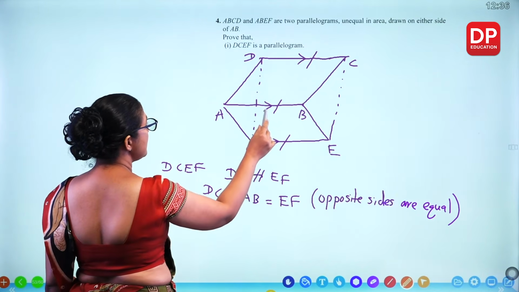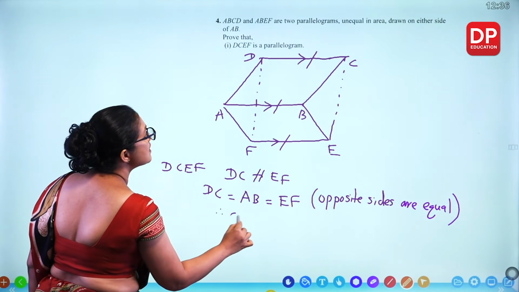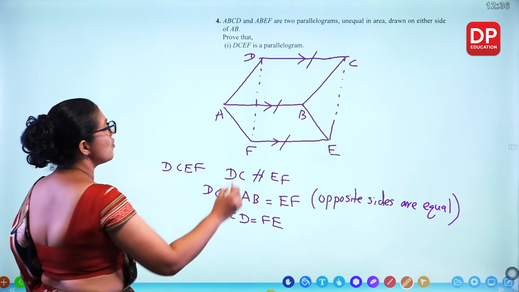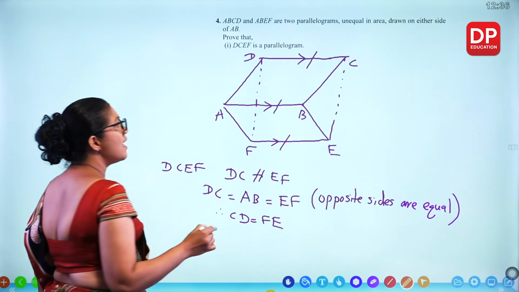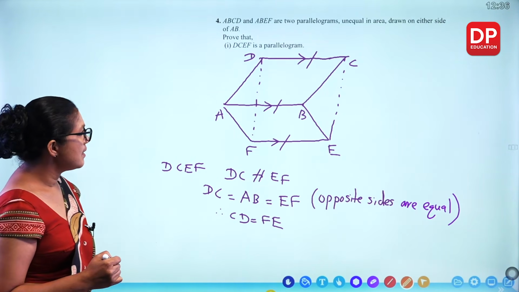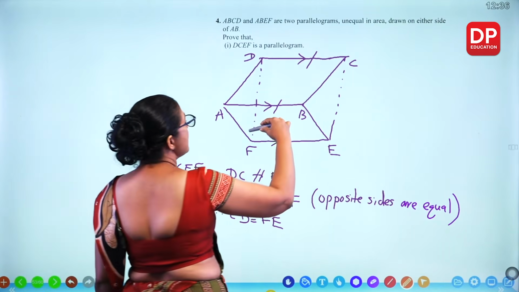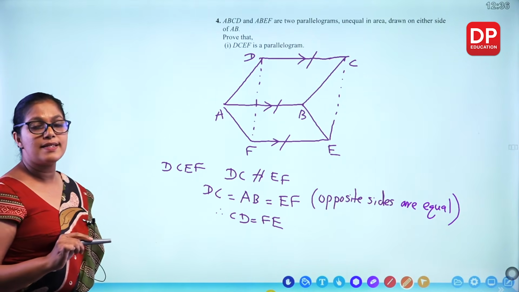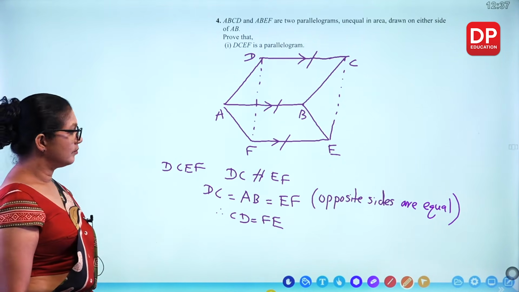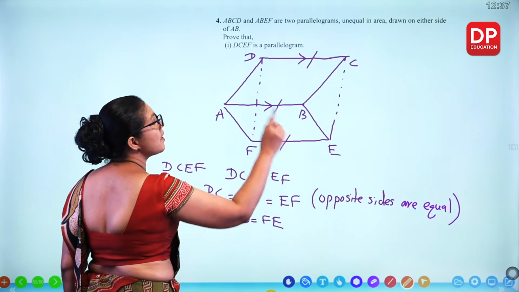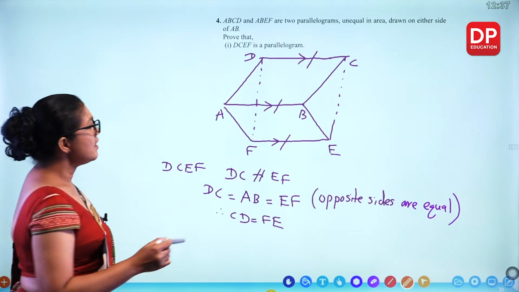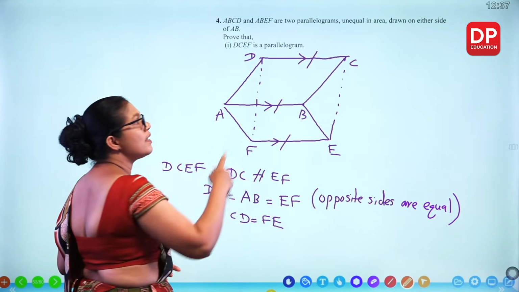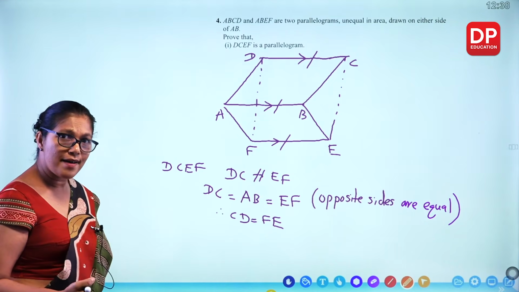Then what can you say about these two sides? Therefore, CD is same as FE. So, opposite sides are equal and parallel. And because of this, we can say this is a parallelogram. In this quadrilateral DCEF, we found that these two lengths are equal and parallel.